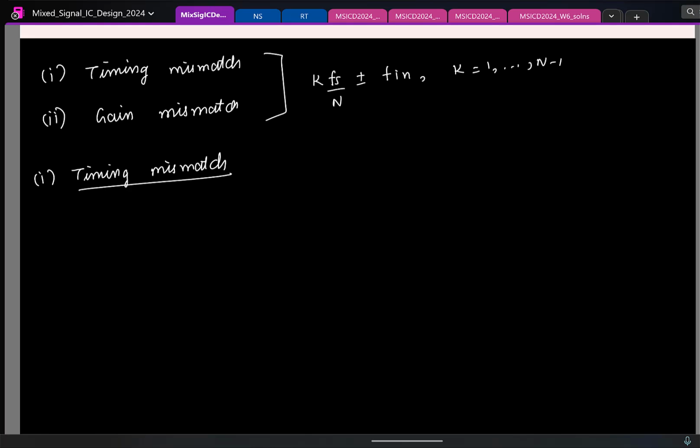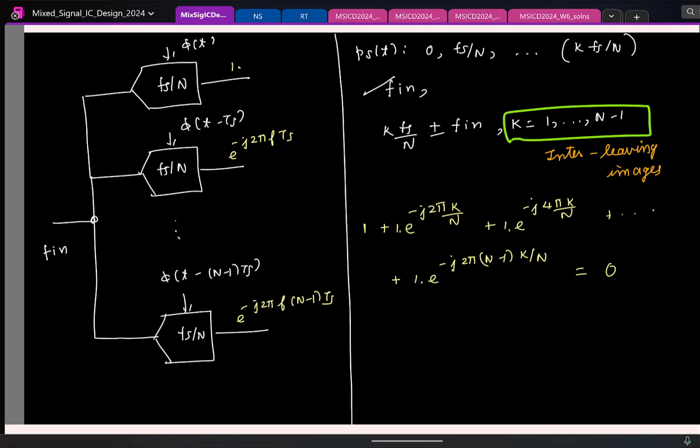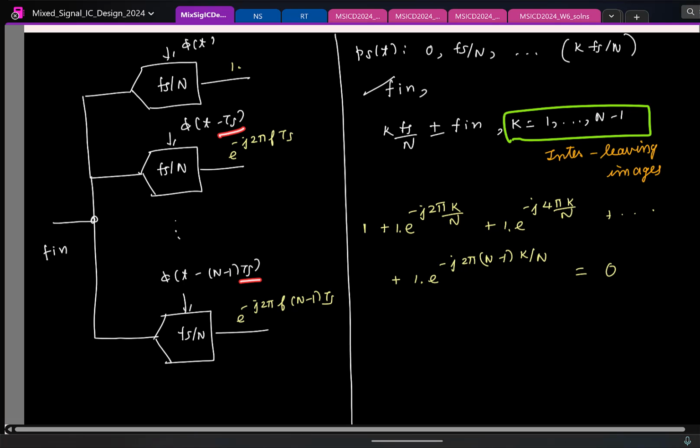And loosely, the basic idea of calibration is to try to go and address the root cause, or the immediate effect of the cause. So here the timing mismatch is arising. Why is it arising? When I say timing mismatch, it is because the delays of the clocks are not what you want.